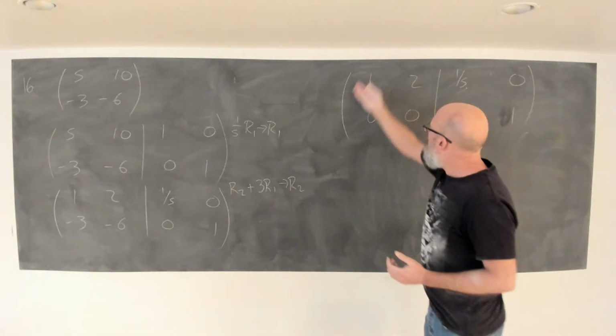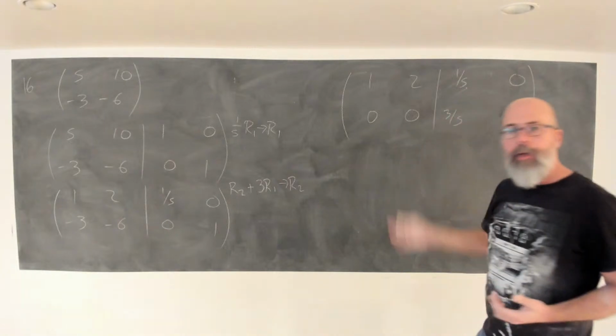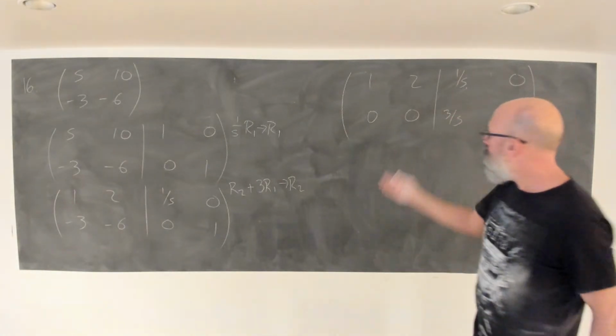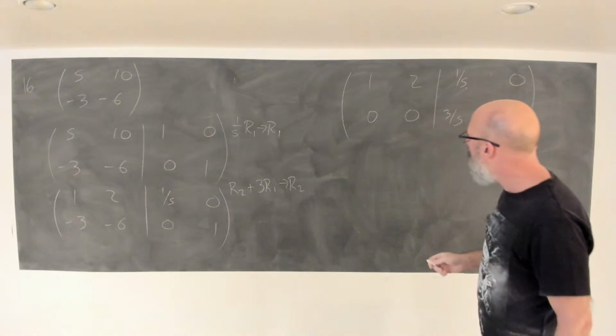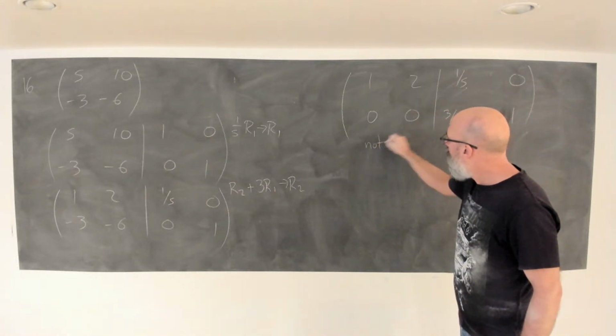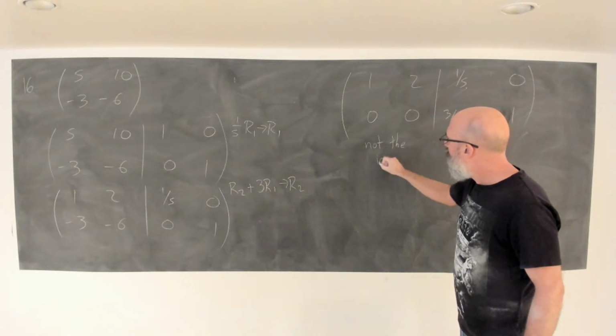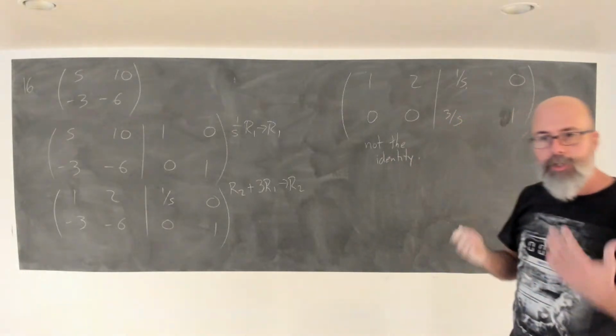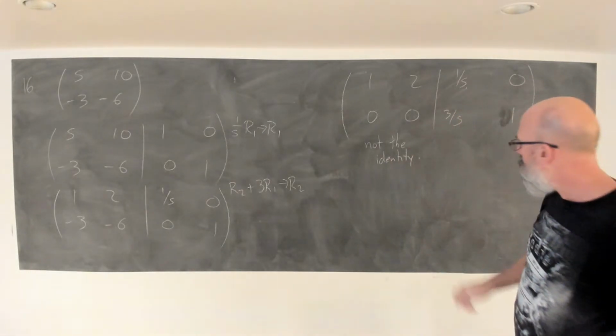This is in reduced row echelon form. This is not the identity. So this is the simplest form the matrix can have. The matrix does not have an inverse.